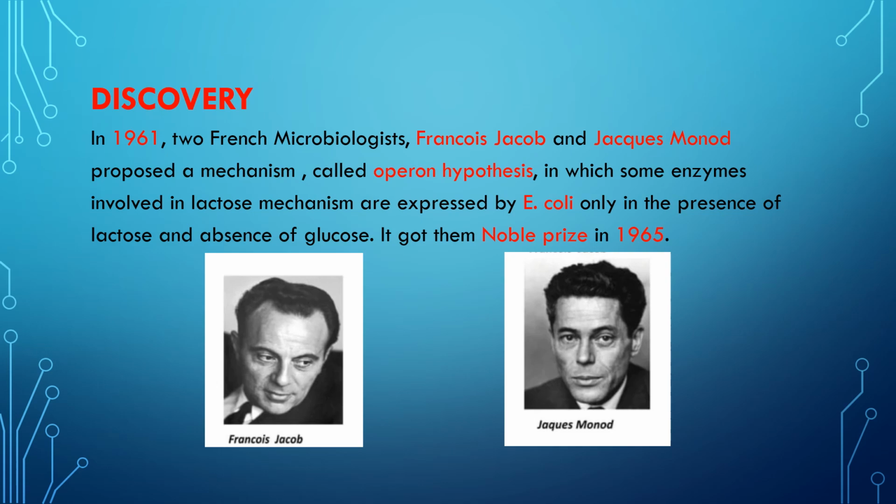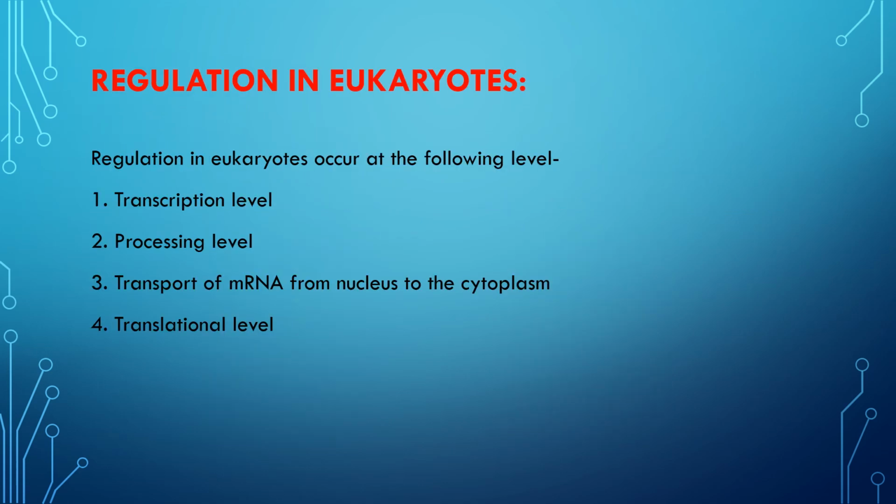The basic concept for how transcription is controlled in bacteria was given by Jacob and Monod in 1961 by the operon model, by studying lactose metabolism. It got them the Nobel Prize in 1965. Regulation of gene expression is a very broad term that may occur at various levels.